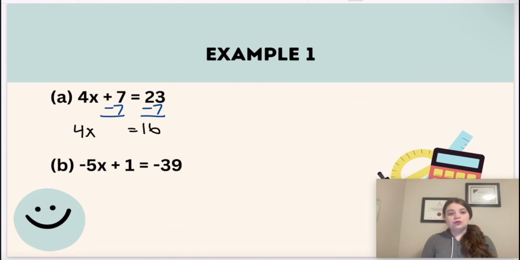In order to get rid of the 4 in the 4x, I need to divide by 4. What's the opposite of multiplying 4 by x? Well, dividing by 4. So I'm going to divide by 4. And if I divide by 4, then these cancel out, and we just have x, and that's equal to 16 over 4. And 16 over 4 is 4. So therefore, the answer is x is equal to 4.